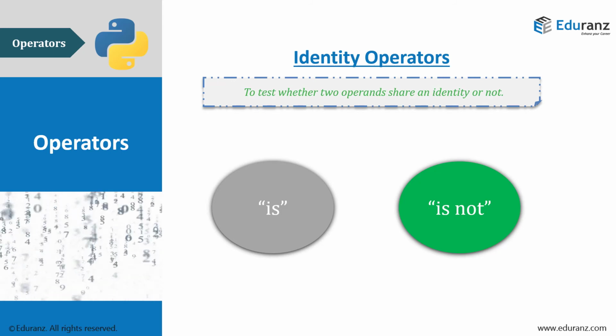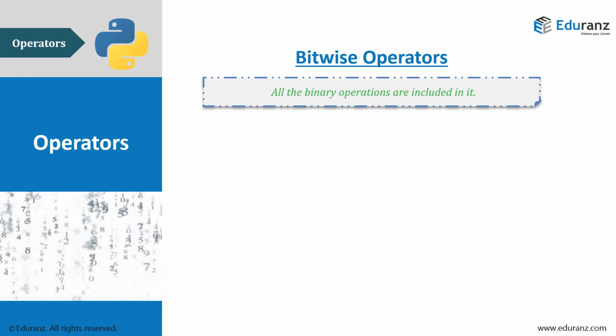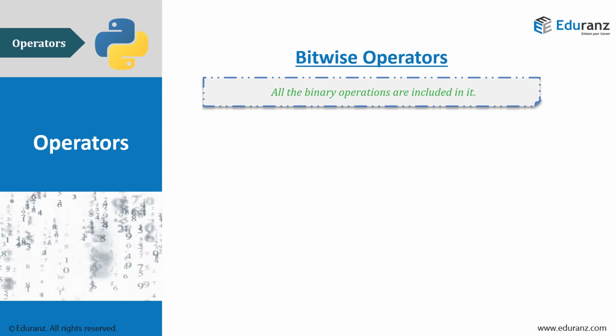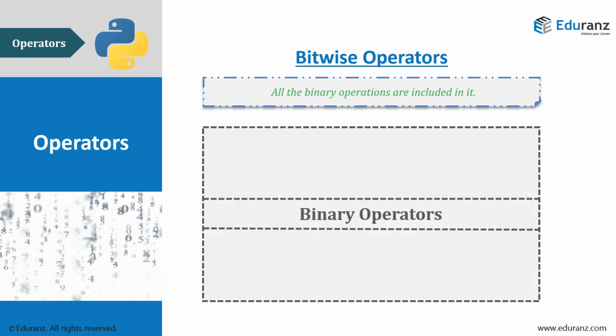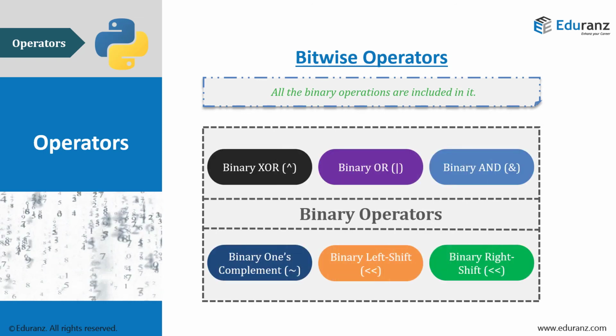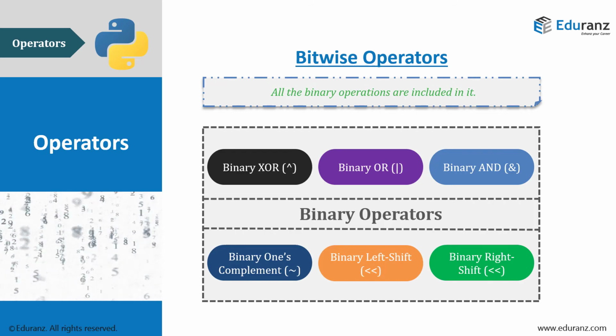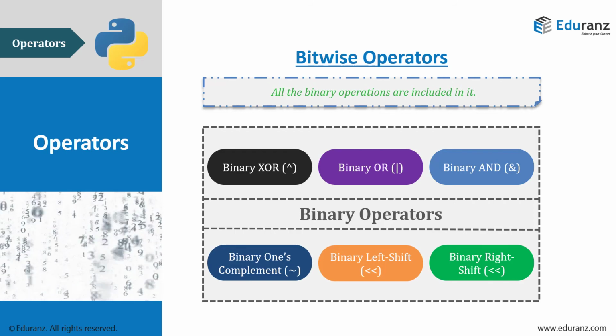Now guys, the last operator that we have here is the Python bitwise operators. So basically it includes all the binary operations. We have the binary AND operator, then the binary OR operator, then the binary XOR, binary ones complement, the binary left shift, and then the binary right shift.